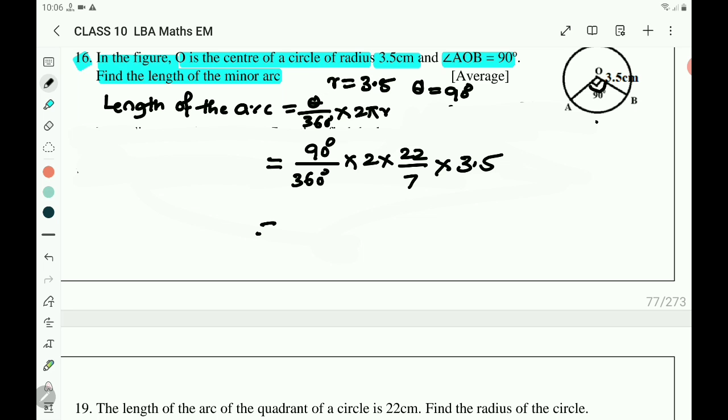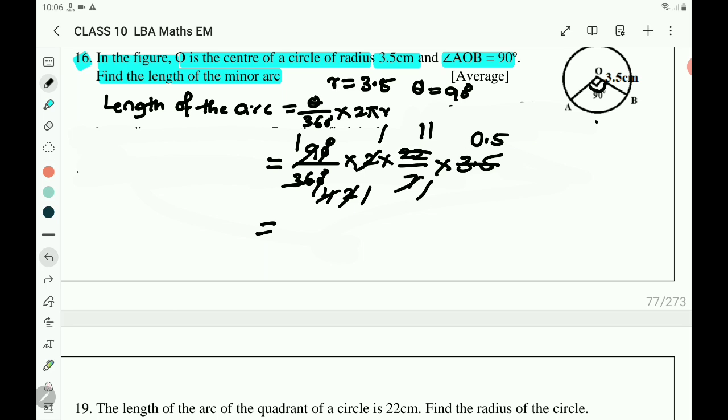Equals, here you can cancel the zeros. 9 1s are 9, 4 9s are 36 cancel. Next 2 1s are 2, 2 2s are 4. Again 2 1s are 2, 2 11s are 22. Then 7 1s are 7, 7 5s are 35. Here 3.5 is 0.5s. So you got 11 into 0.5.